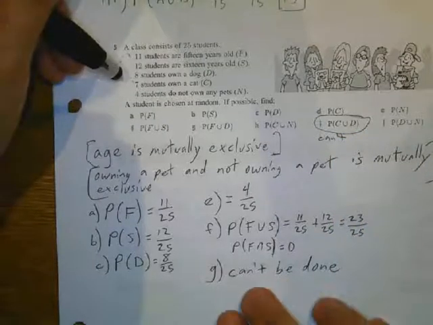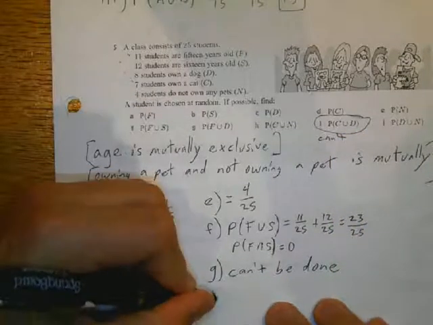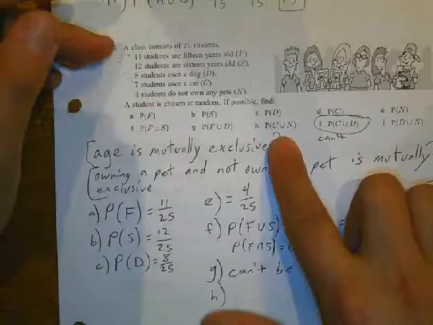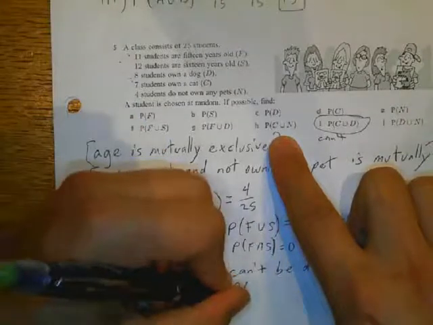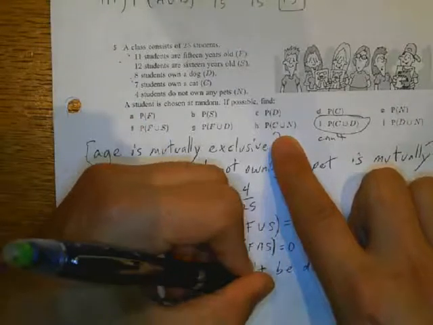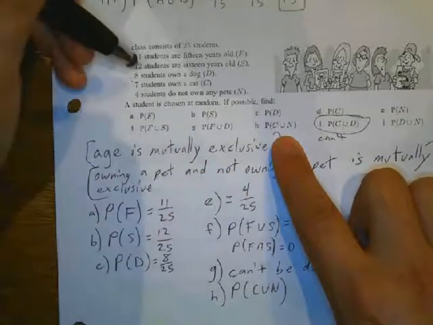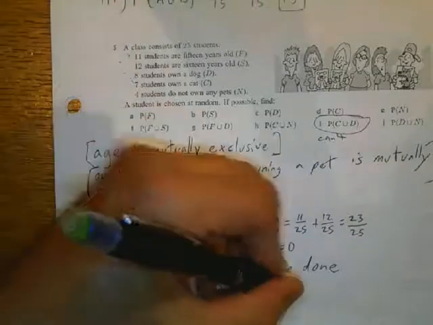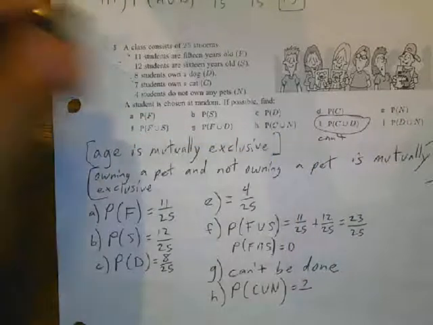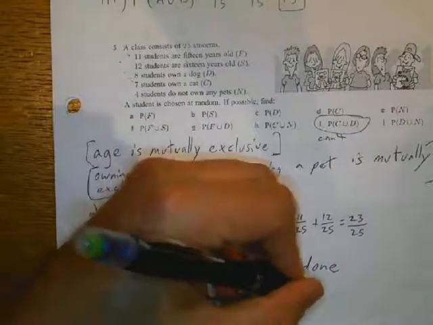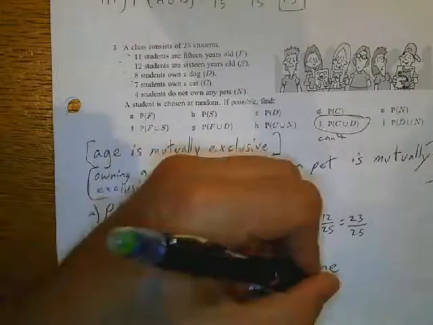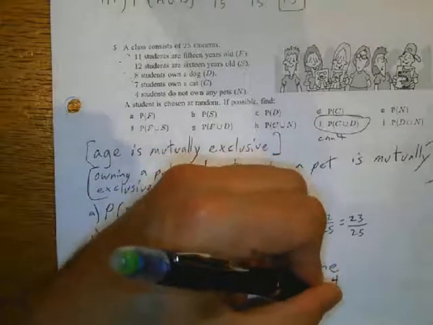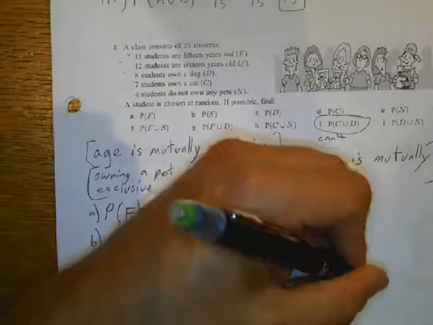Now let's look at question H. The probability of C union N. So owning a cat or not having a pet is going to be 7 over 25 plus 4 over 25, which is going to give me 11 over 25.